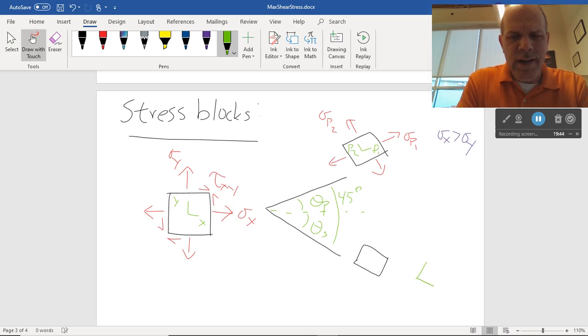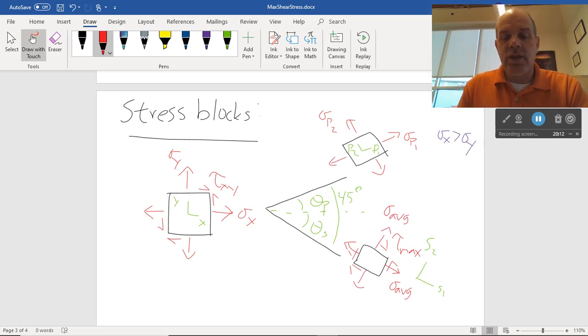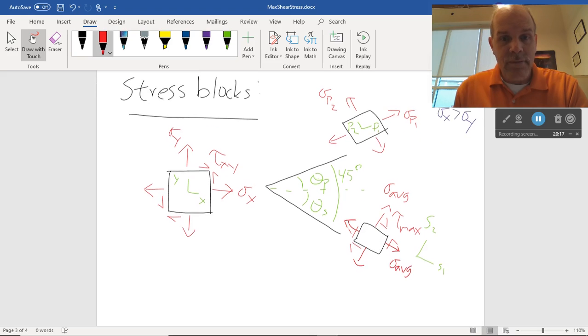I'll draw my axes outside the block because I made that block relatively small. Call them S2, S1. I'm going to have my shear stress like that, tau max. I'm going to have the axial stresses equal to sigma average in both the S1 and S2 directions, right? This is what the complete situation looks like.